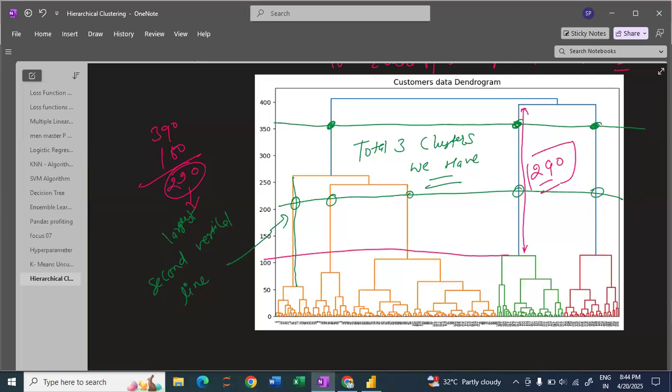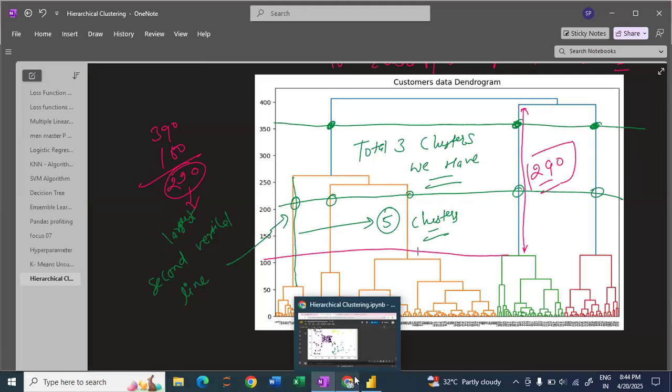So with this line, we have 5 clusters. Just try this with number of clusters equal to 5.